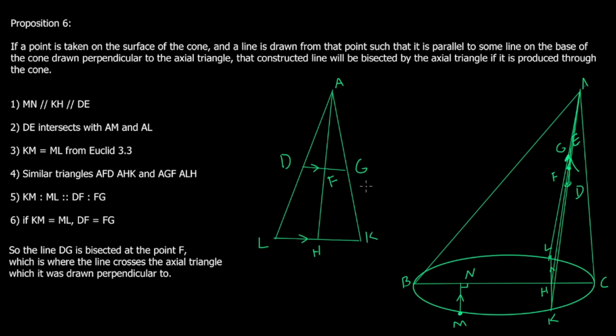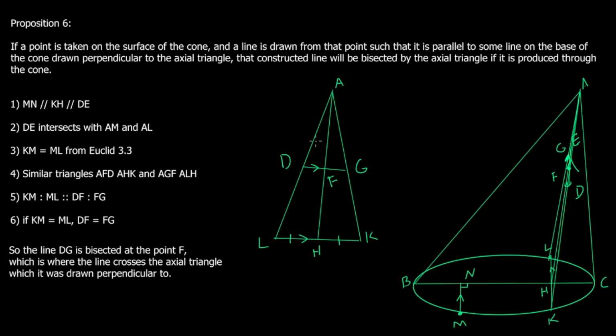Another thing that we know from Euclid, I believe Prop 3.3, but I could be misremembering, is that the diameter of a circle bisects lines drawn perpendicular to it. So here we have the circle BC, and the line KL was drawn perpendicular to it. So the lines KH and HL will be equal.